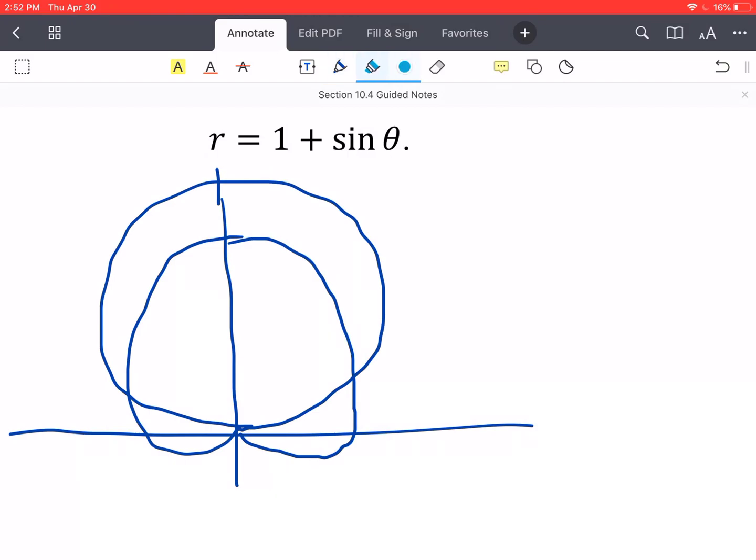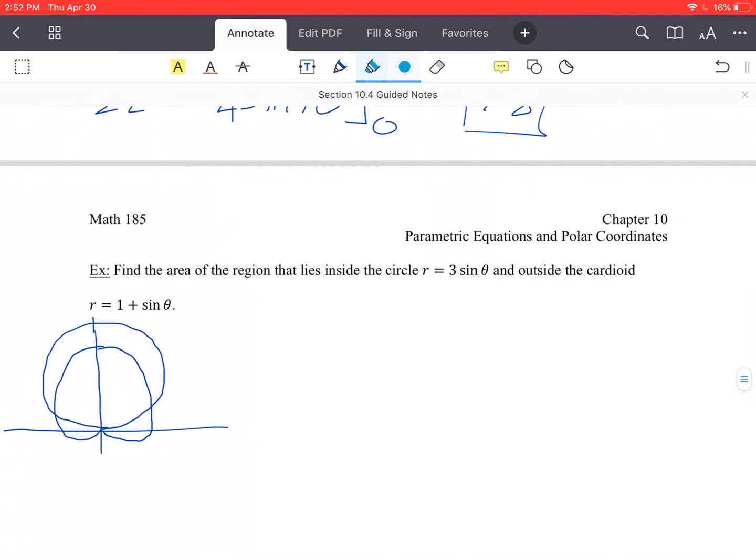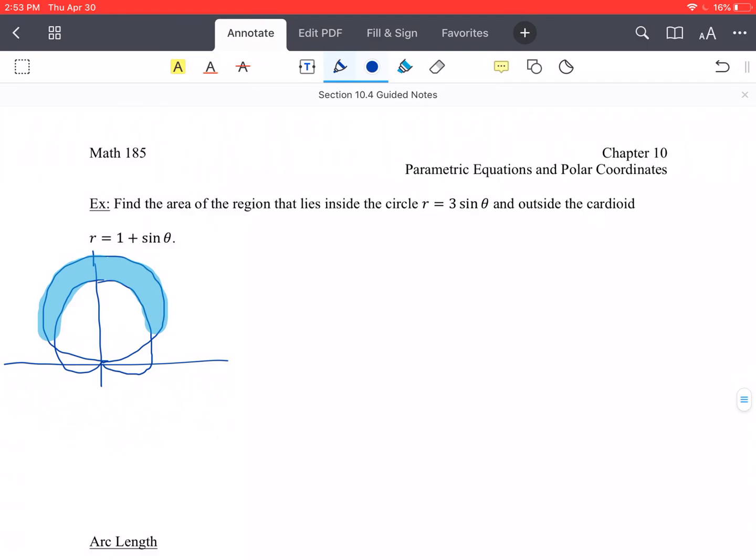But what we're looking for in the question is the area of the region that lies inside the circle and outside the cardioid. So that's going to be this region right here. Okay, so that's inside the circle but outside the cardioid. So in order for us to set up an integral, we need to have bounds. That's the only way we're going to be able to get this, so I need to figure out where these bounds occur.